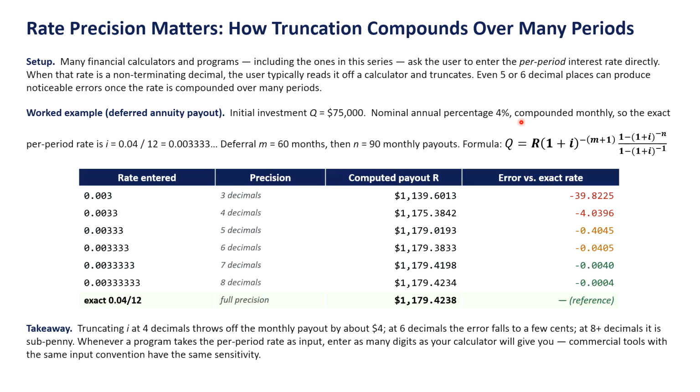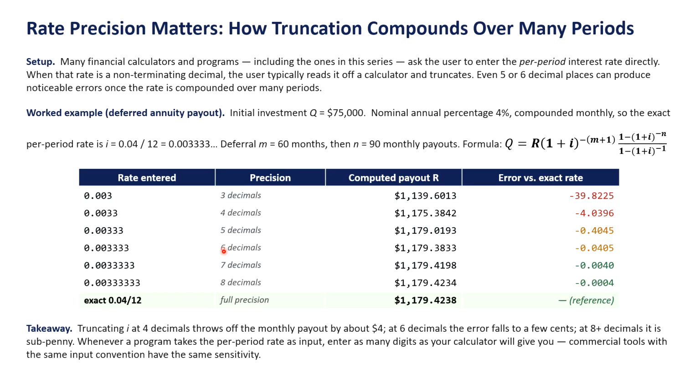When you convert from the 4% to the monthly rate, you have to divide 0.04 by 12, and you get 0.0, and the 3's repeat indefinitely. The temptation, and I made the mistake, is just to go into your calculator, convert it so you can put it into either my calculator or someone else's, and you figure, well, this is close enough, right?